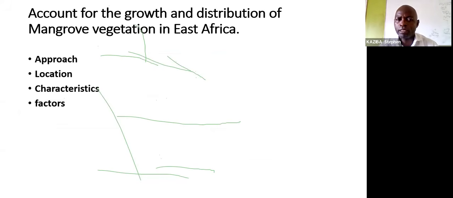So basically, you just locate, give the characteristics of mangrove vegetation, give the factors, and the question is done. But as you're giving the characteristics, try to attach the reason. Let me first look at this question.